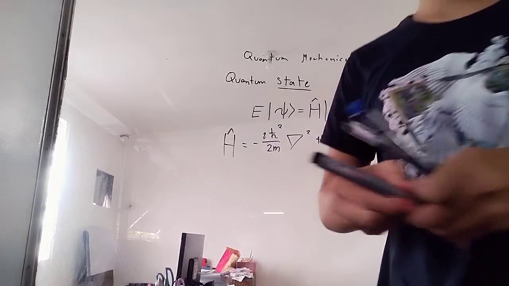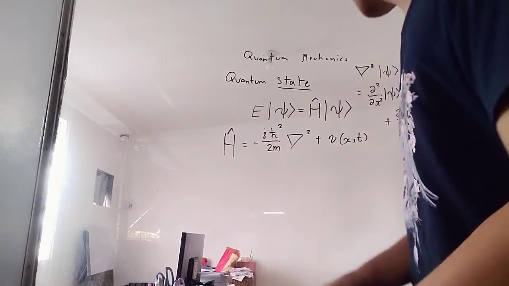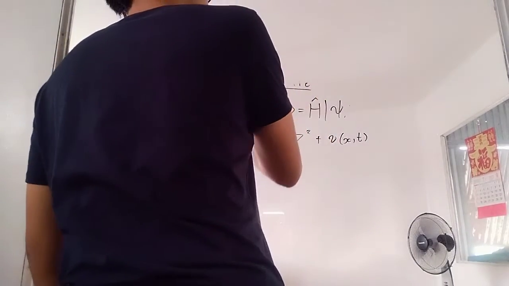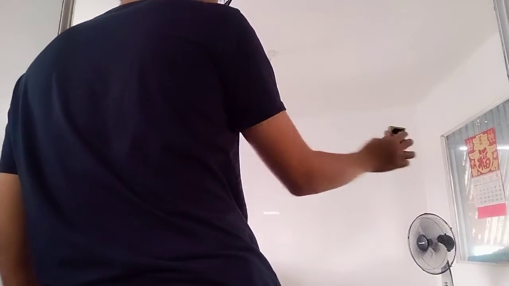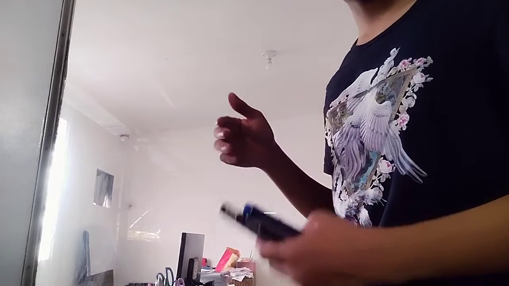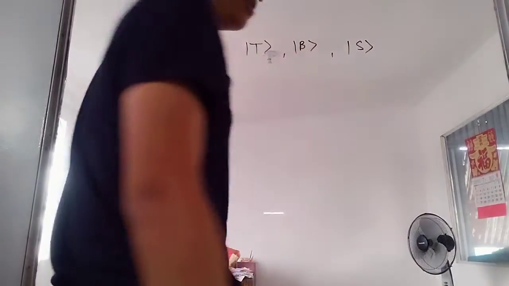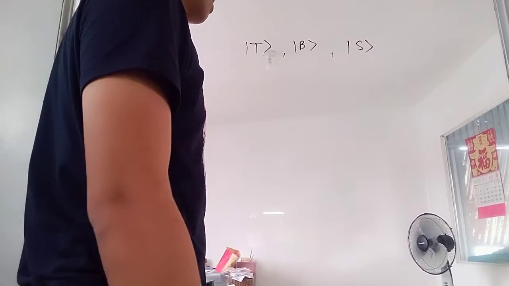Okay, so enough about quantum mechanics. These states are encoded in a special complex valued function, which is psi, as I said a while ago. But here is where we take a turn in position theory, because the three main position states, top, bottom, and switch, are not complex valued functions.